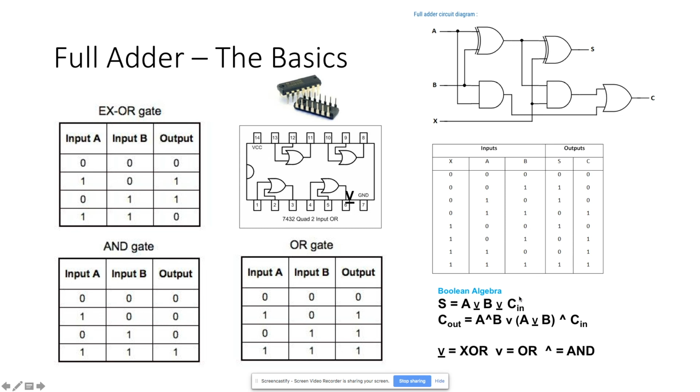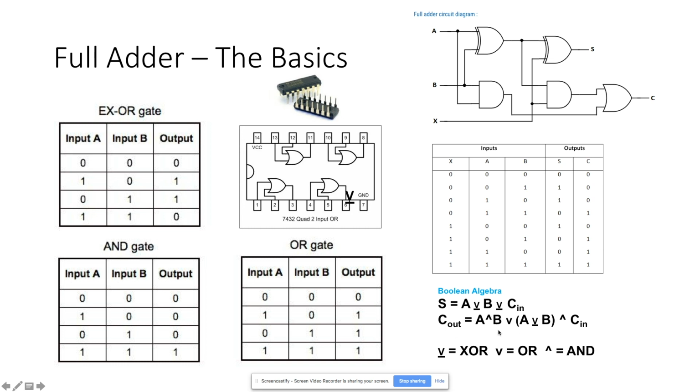Okay, so there's the implementation of the algebra here for a full adder. So we've got an A or B or input C, which gives you the output here on the LED. And then we've got the output C's configuration here.